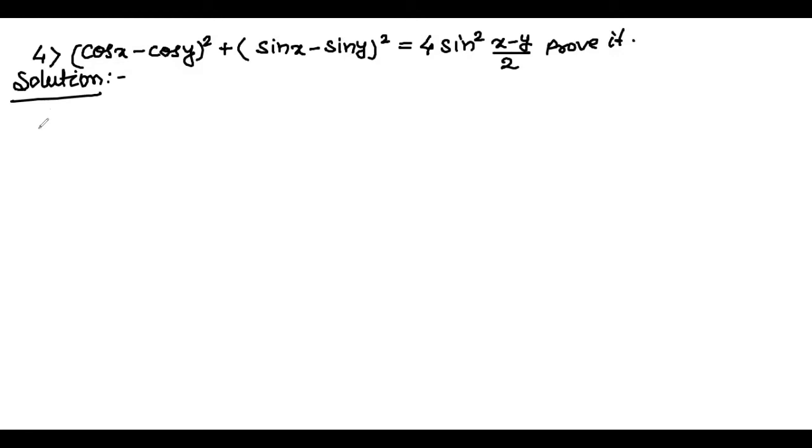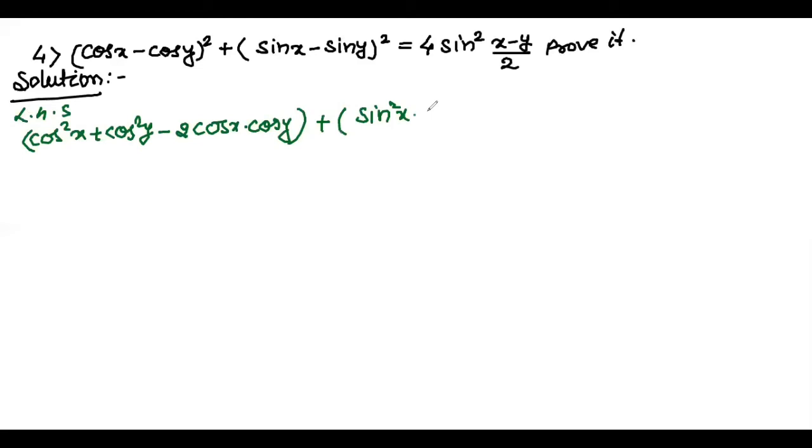So on the left hand side I am getting cos square x plus cos square y minus 2 cos x into cos y, plus sine square x plus sine square y minus 2 sine x into sine y.